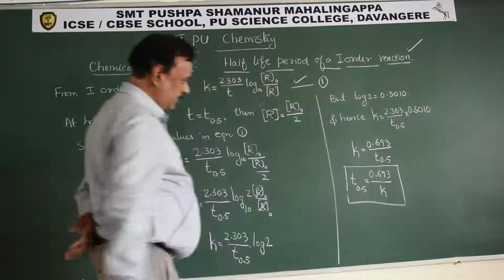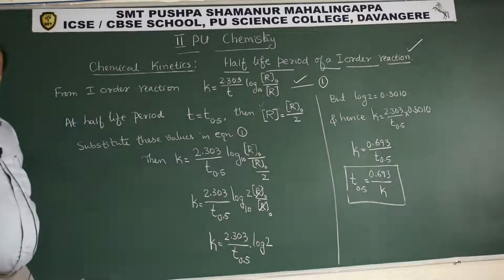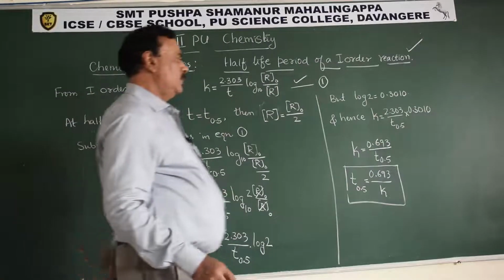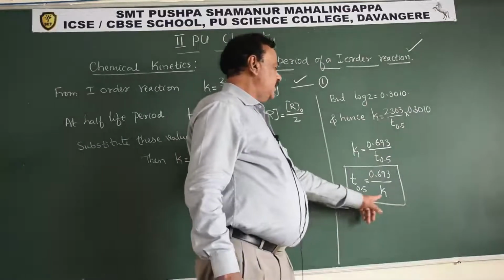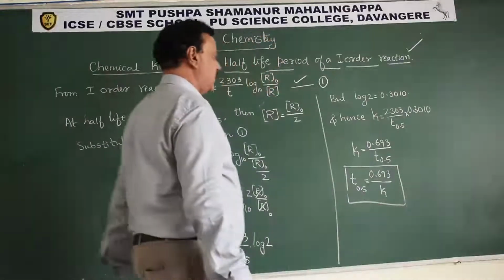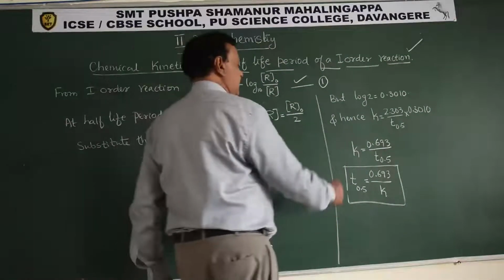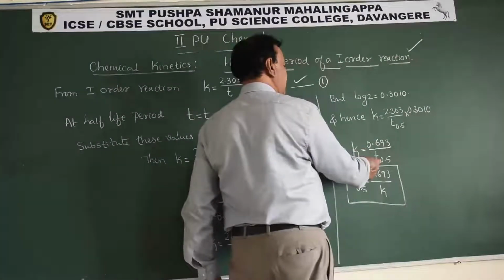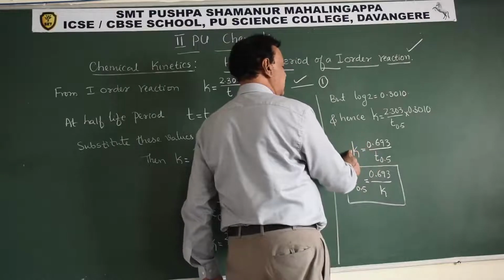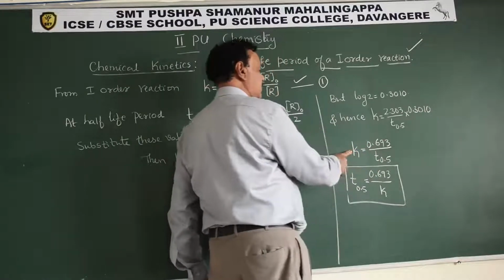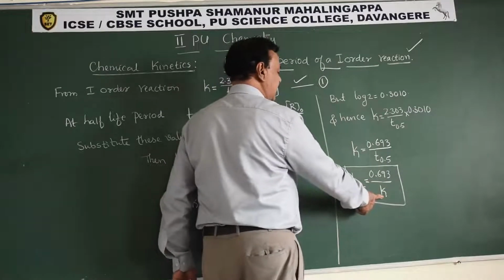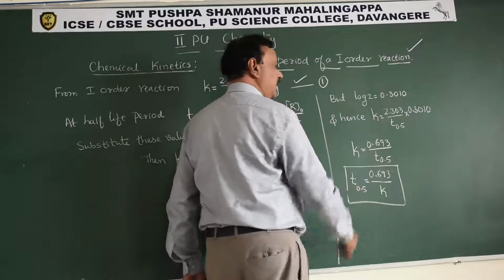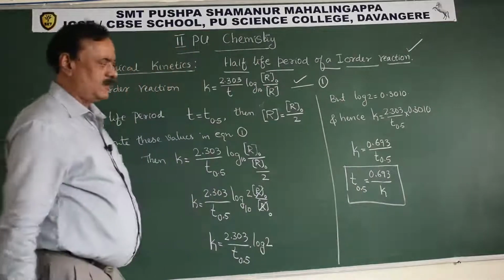This is the very important formula used to determine the half-life period of the first order reaction, where T half is the half-life period of the first order reaction. Therefore, whenever the half-life period is given, the velocity constant of the first order reaction can be calculated, or when the velocity constant is given, the half-life period of the chemical reaction can be calculated.